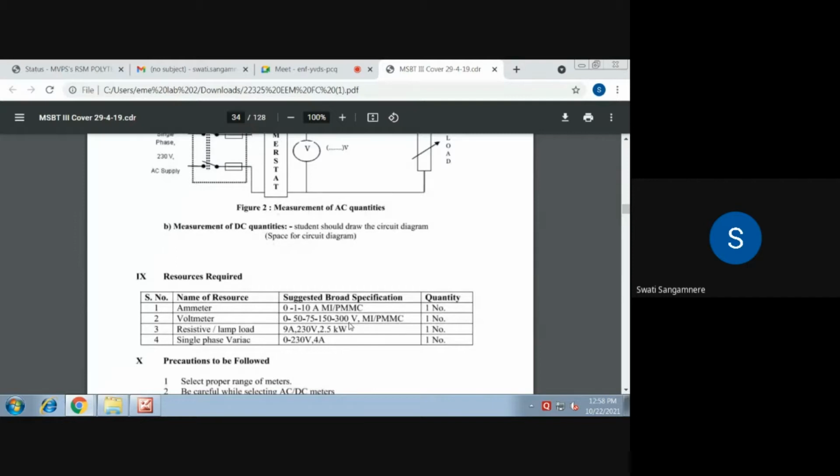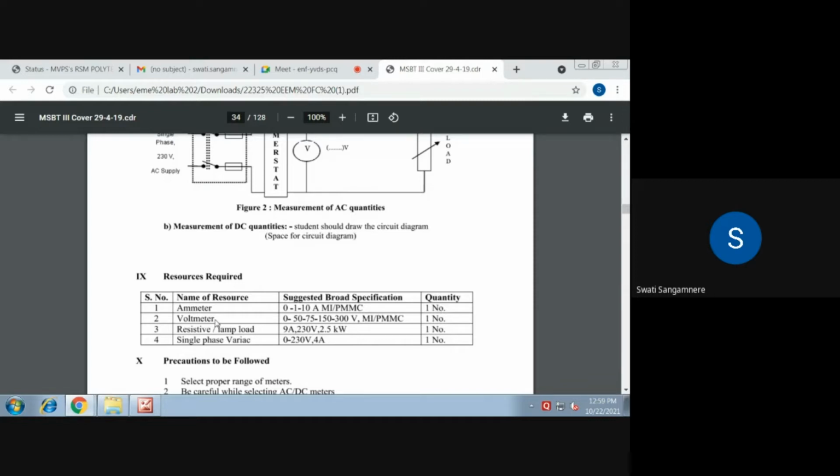Then we see what resources are required to perform this practical. First, ammeter. This is the specification: we can use a 0 to 10 ampere or 0 to 2.5 ampere current meter, moving iron or permanent magnet moving coil, quantity 1.